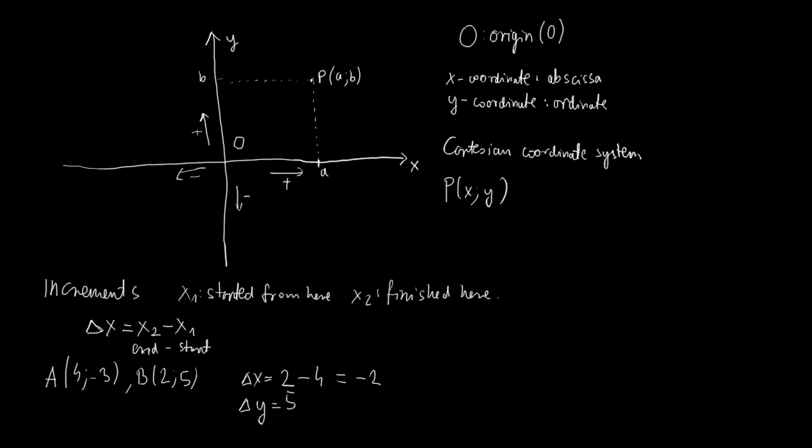The increment in y will be 5 minus (-3), which is 8, because we finished at 5 and started from -3. So these are the increments of the x and y coordinates.